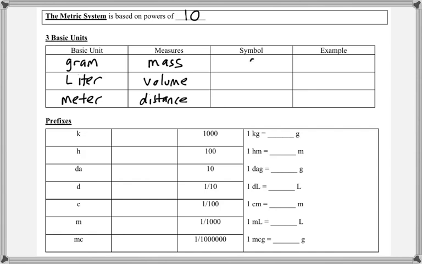The symbols are G, L, and M. An example of 1 gram would be one small paper clip, 1 liter is like a 1 liter pop bottle, or half of a 2 liter. And then 1 meter is 39 inches, or you can think about a meter stick.